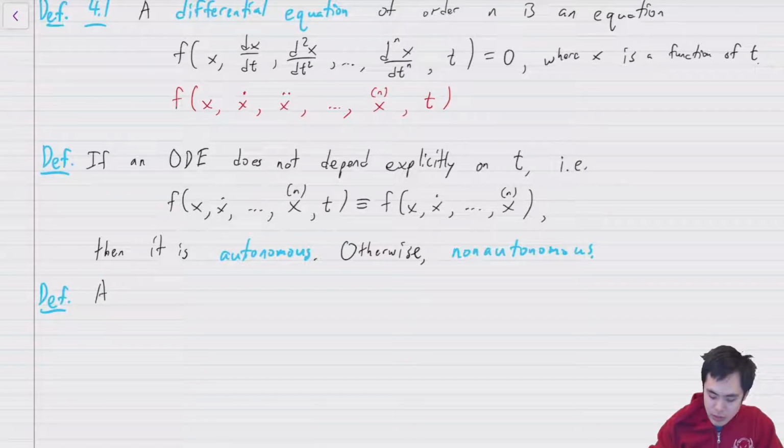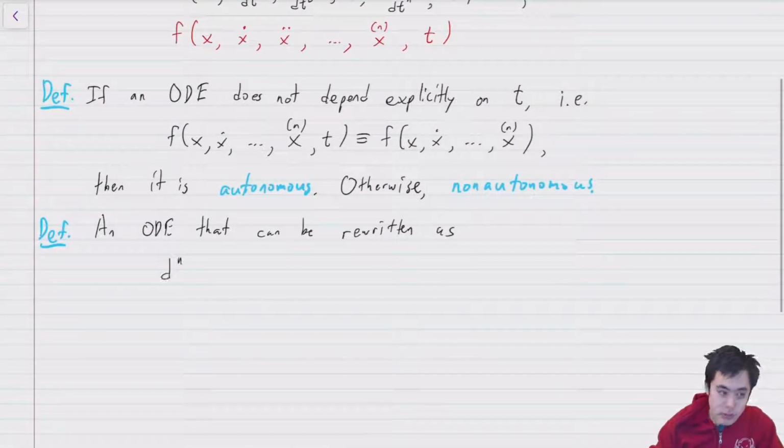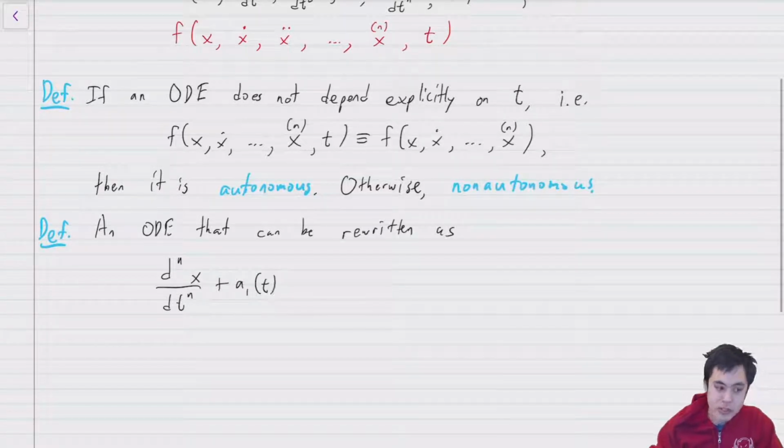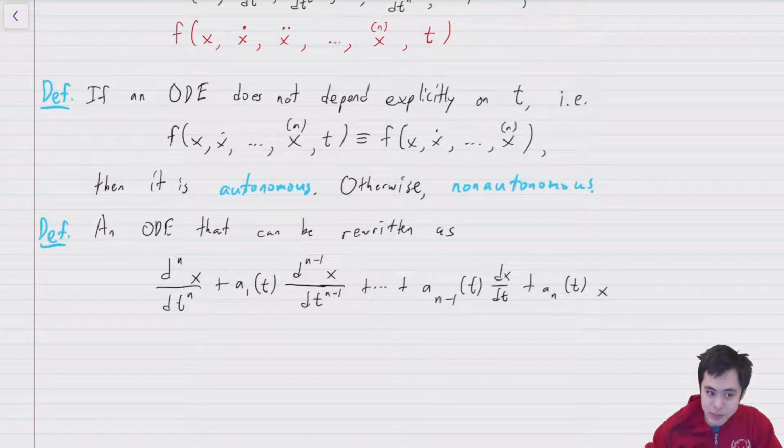So in ODE, well, that can be rewritten as d to the n x over dt to the n, plus a1 of t, so this is some coefficient that's a function of t, but not of x, d to the n minus 1 x over dt to the n minus 1, the sum all the way to a n minus 1 of t, dx dt, plus a n of t x is equal to g of t.